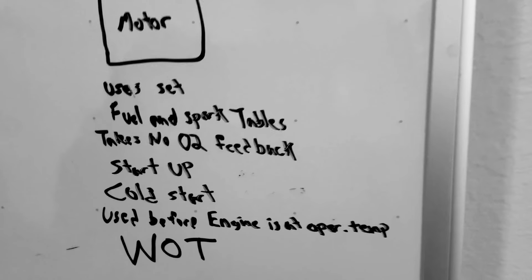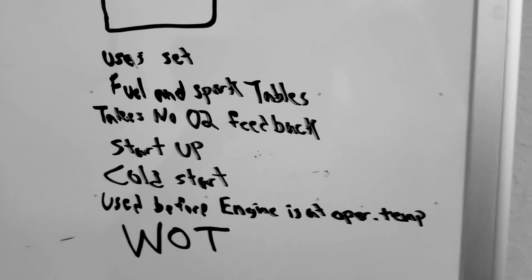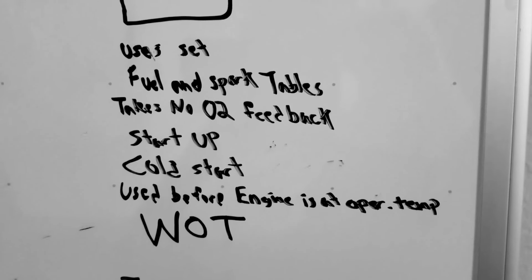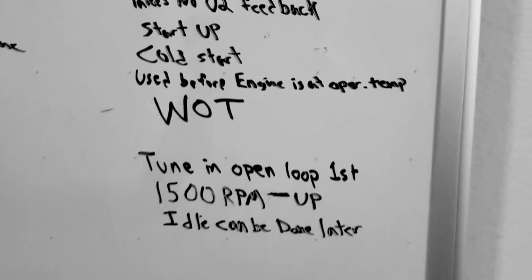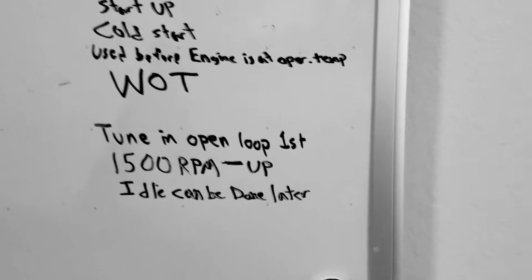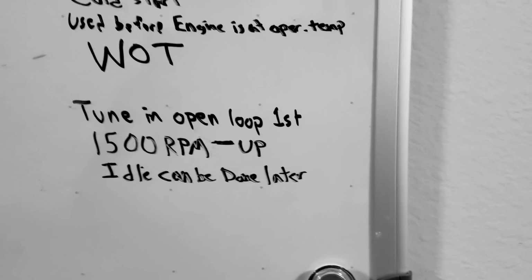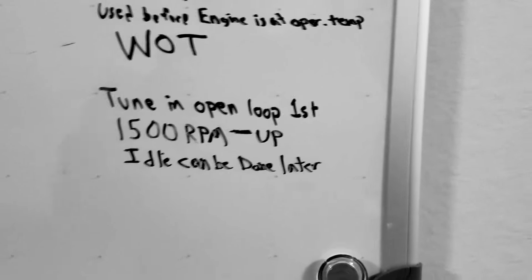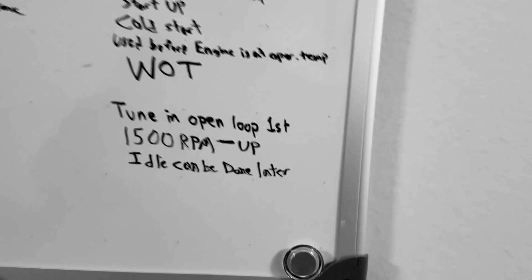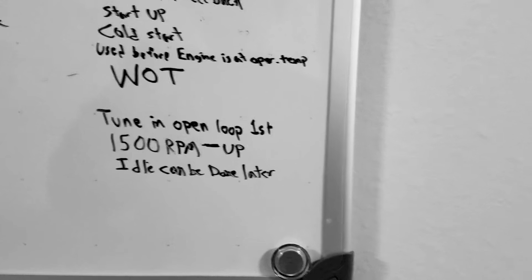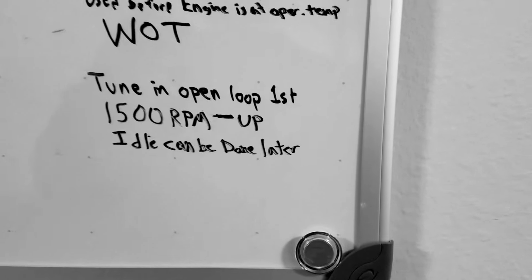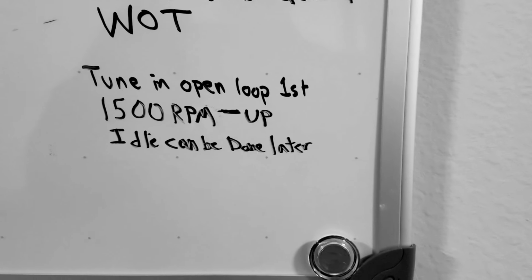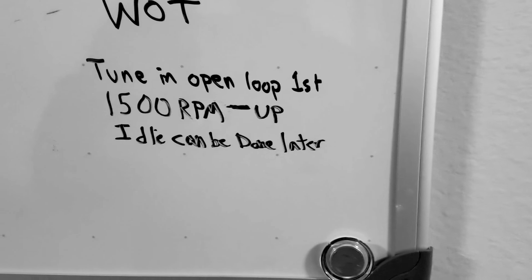It uses set fuel and spark tables, takes no O2 sensor feedback, and is basically the first system that we want to tune in. If you're taking it to a tuner, engine tuners generally tune in open loop first, and you're going to start out at 1500 RPM, around 2000 RPM and up.